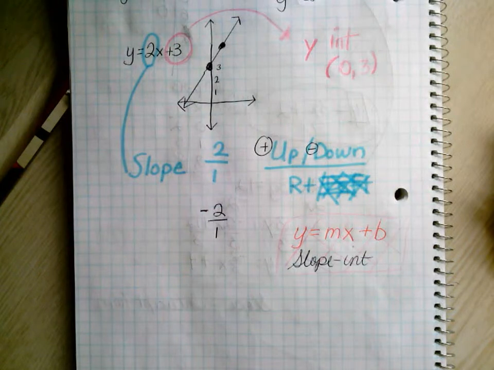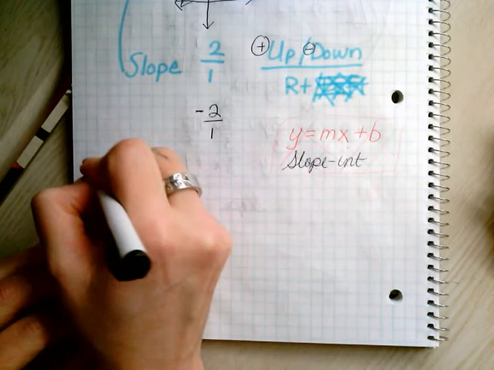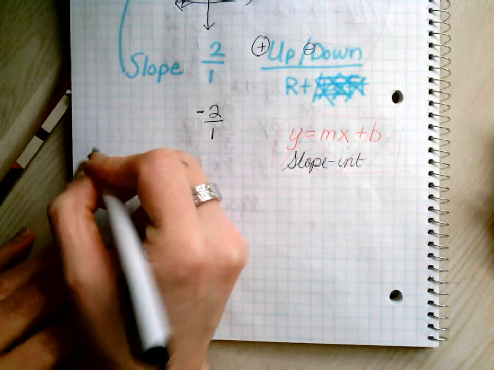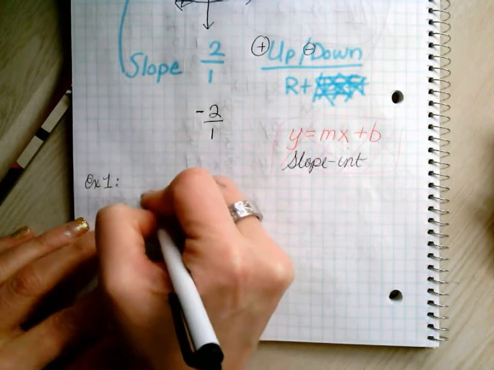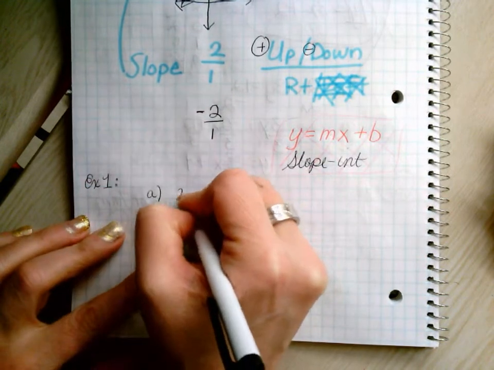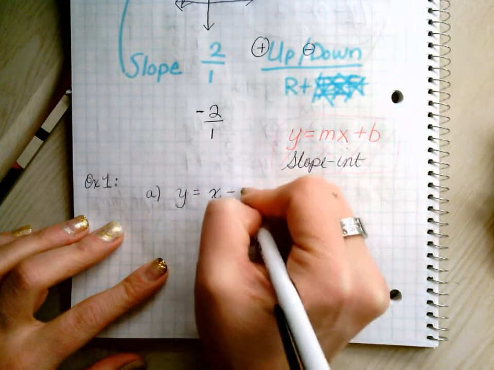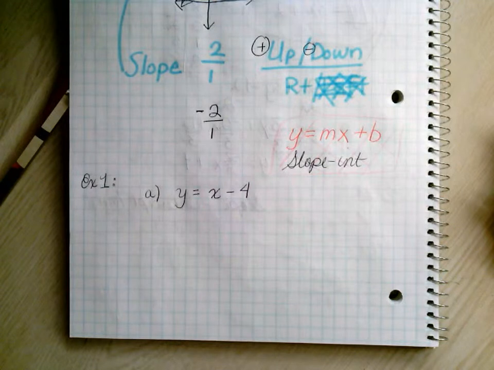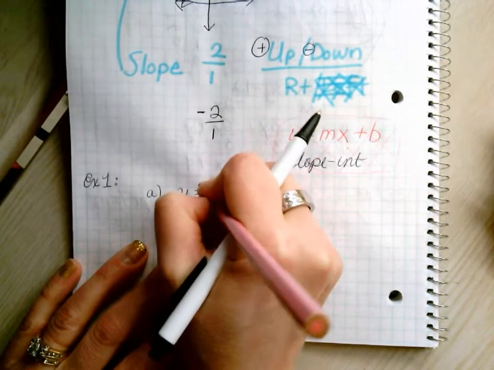Okay? Let's look a little further at this. Example 1. It says, identify the slope and the y-intercept. Here's A, and it's already written in y equals some kind of x minus 4. By the way, what is the coefficient of x here? What would you say the coefficient of x is there? 1. Beautiful. Okay.